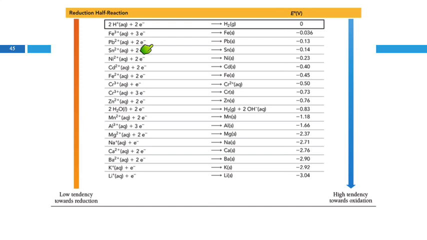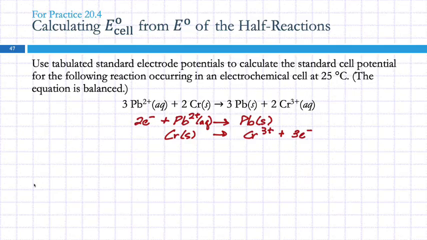So this is the way the equation is written, and so we're just going to copy down the cell potential for that, negative 0.13. So I found this, it matched up exactly with what was in the table. I write down the same number that was in the table.